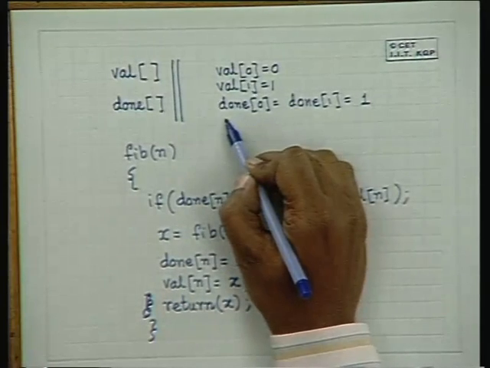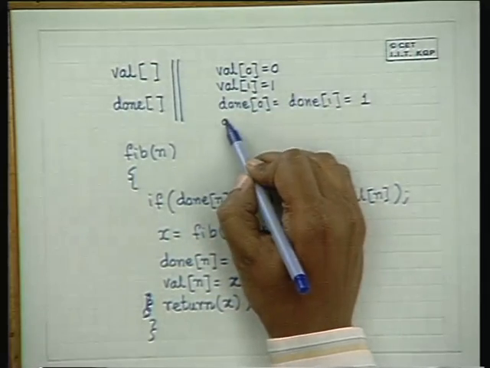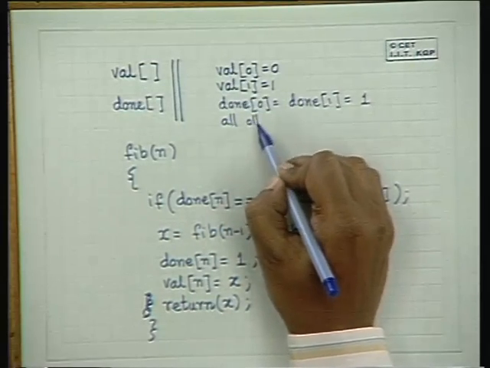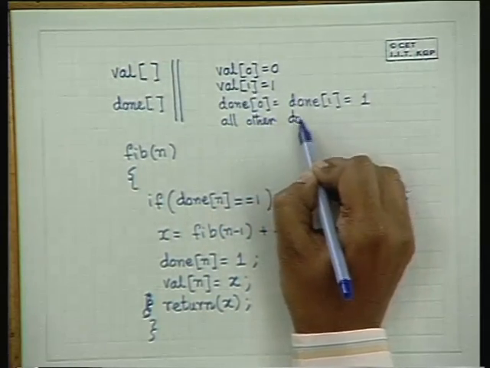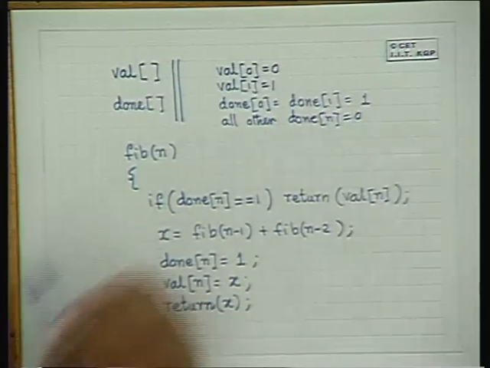Here also you must initialize all other dones to 0, that you must maintain. All other done n is equal to 0.